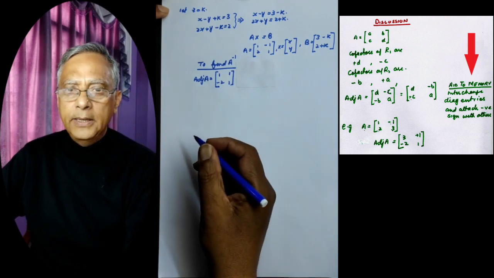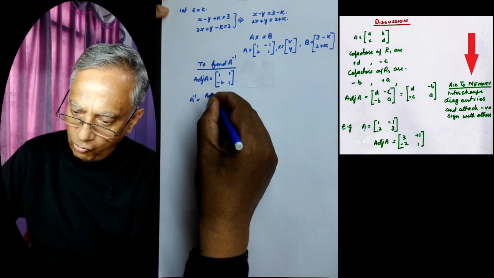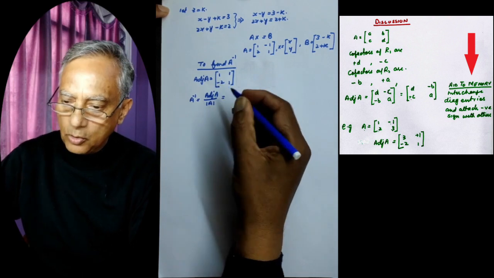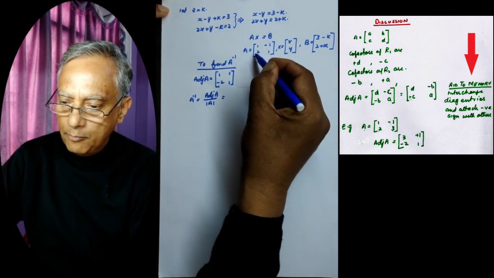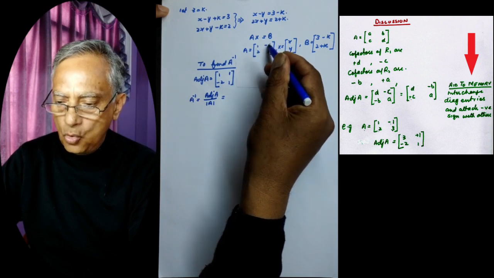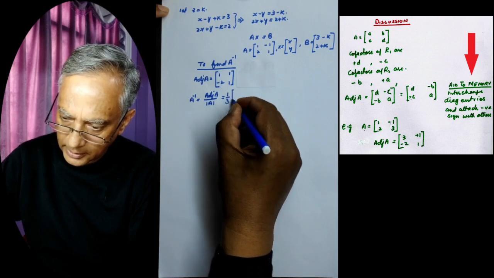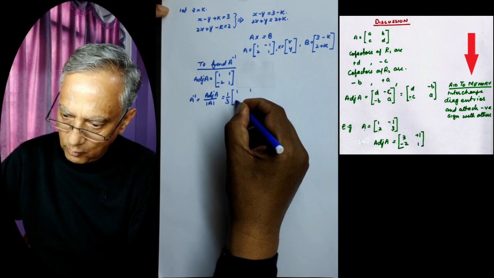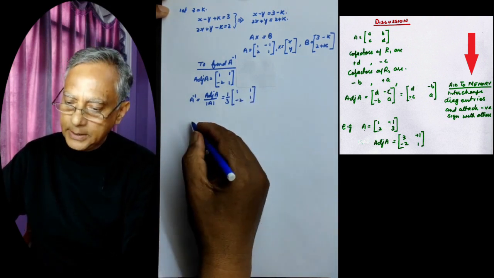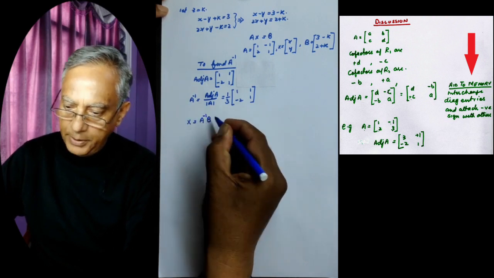This will be adjoint of A, and A inverse is adjoint of A over determinant of A. Determinant of A is 1 plus 2, which is 3. So A inverse is 1 by 3 into [1 -2; 1 1]. And therefore X is equal to A inverse B.